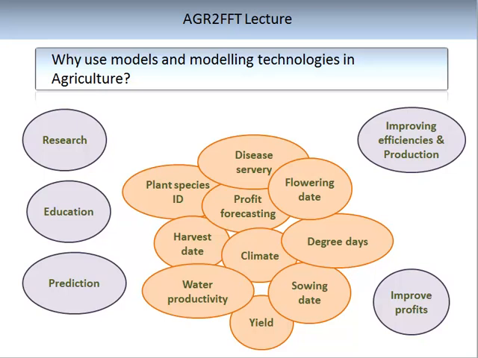Modelling is often used to improve efficiencies and production. It may be used for disease control, and therefore it can enable the more efficient use of chemicals, for example. It may enable you to improve your energy efficiencies if you can measure and then monitor a system and model its potential outcome versus its actual outcome.